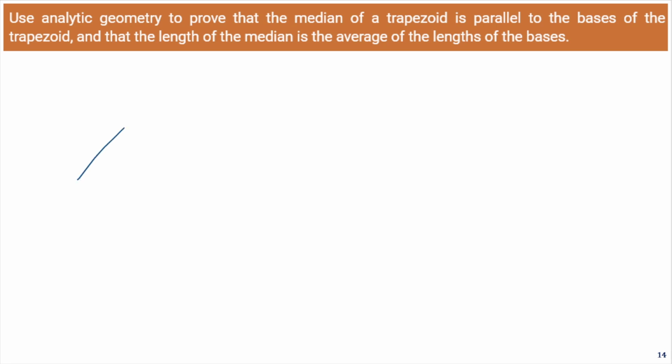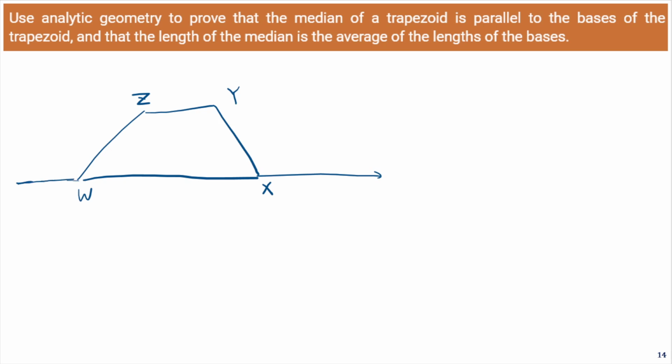Alright, so suppose we have a trapezoid like this, WXYZ. And we could establish a 2D Cartesian plane like this.